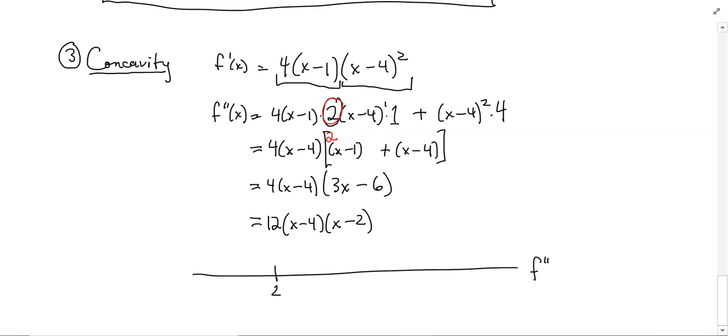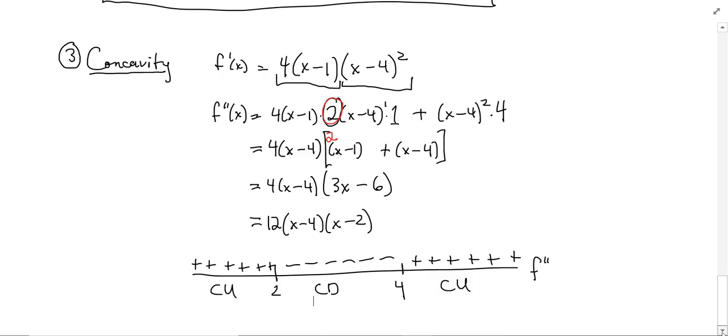Those are x equals 2 and x equals 4. This is a quadratic function. If you were to multiply this all out, over here the second derivative function is positive. Between here it's negative, and then up to the right it's again positive. So this tells us immediately about the concavity. So here the graph is concave up, and here the graph is concave down.